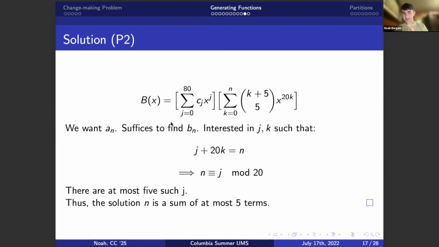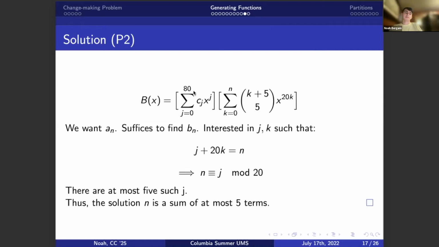It suffices to find b of n. So if we consider, when we multiply these two polynomials out, we want to know what is the j and the k, because this is how we're indexing these polynomials, and k is how we're indexing these. We're interested in j and k such that j plus 20k equals n.